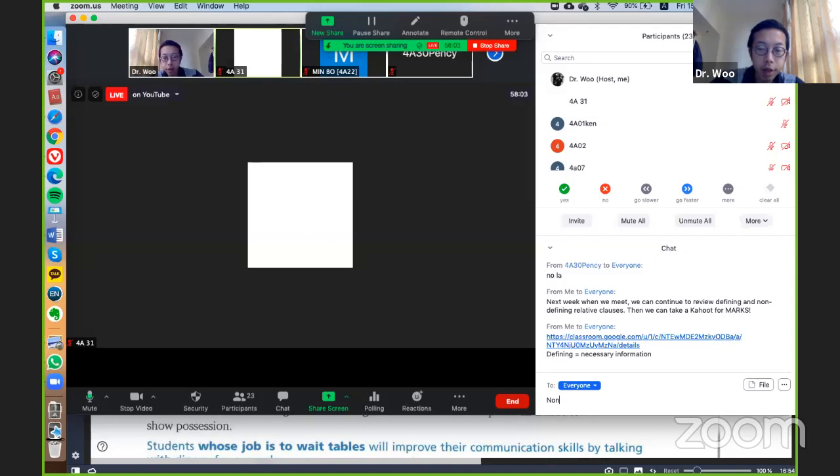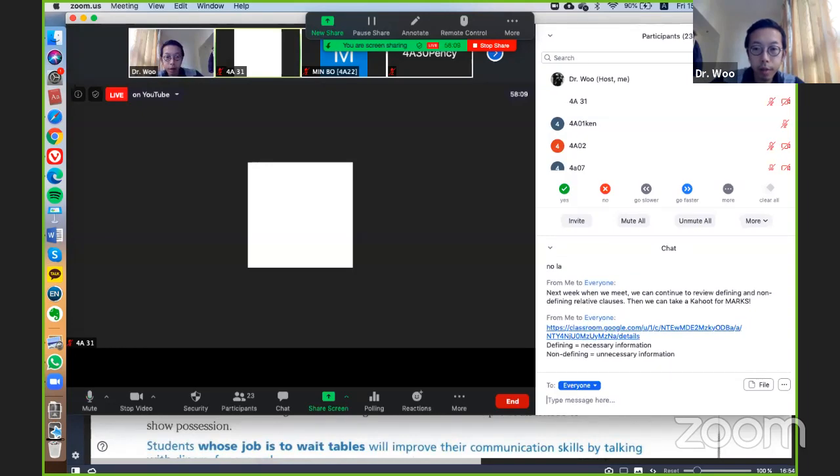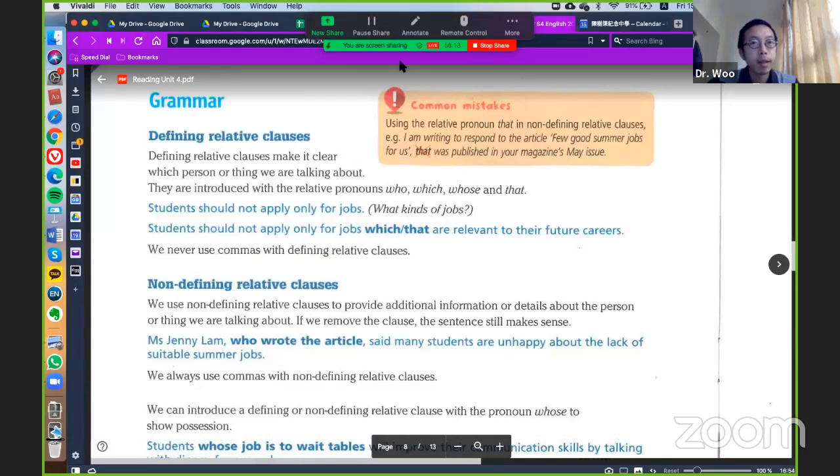Non-defining means unnecessary information. Unnecessary information. That's the best way to put it. So when we want to add necessary information to something, like a sentence, a word in a sentence, then we create a defining relative clause.